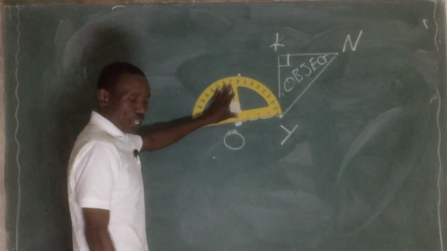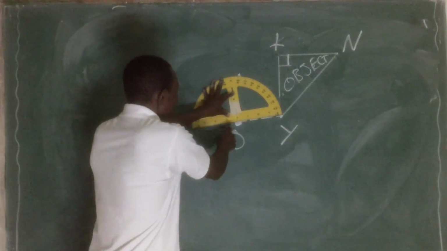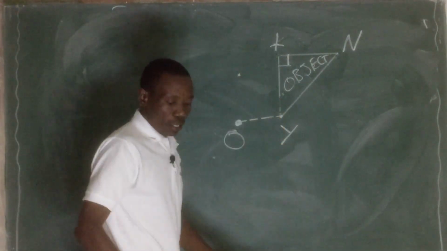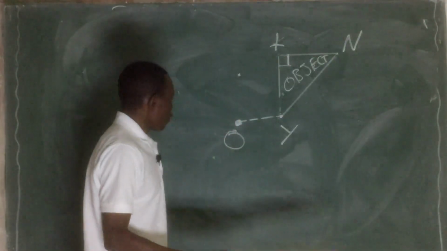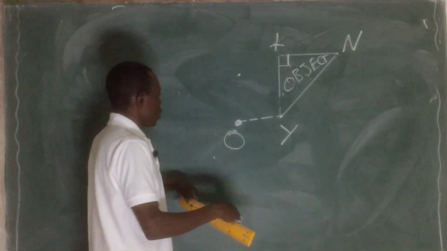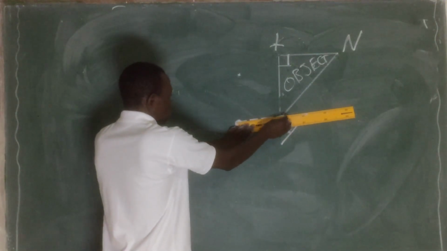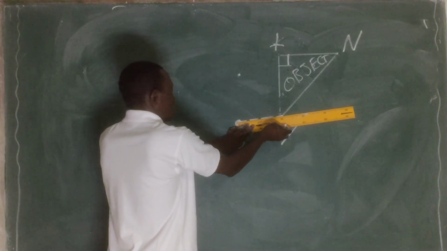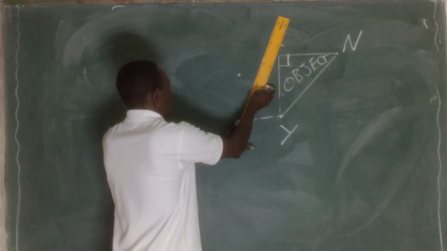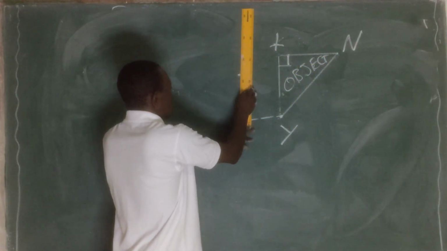Now, exactly at what position? As I highlighted earlier, you need to first consider the length of O to Y, which is 2. So the same distance has to also be captured within the line of 80 degrees.